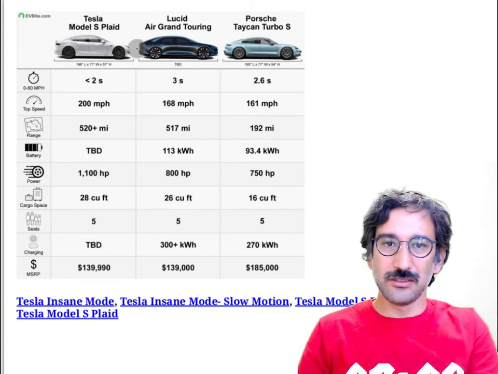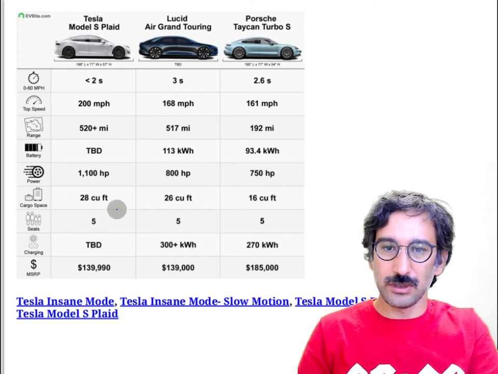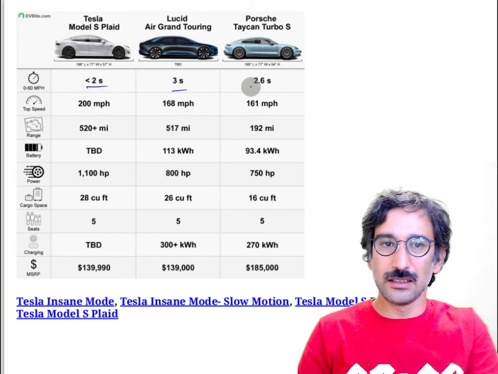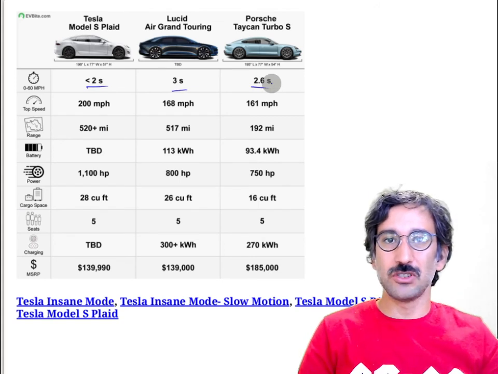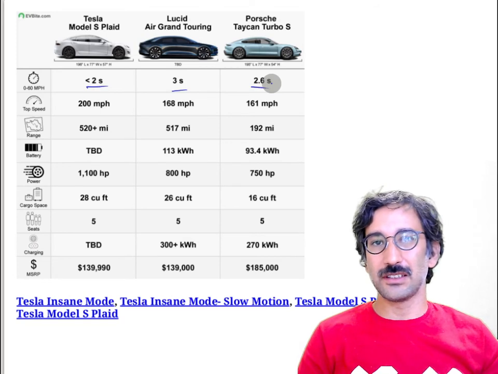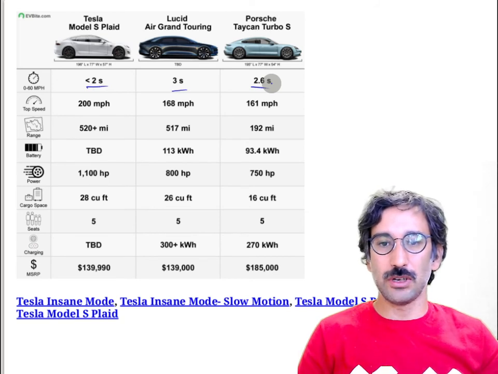Okay, so you can see Porsche and Tesla Model S and Lucid Air Grand Touring, whatever. So they all have really good accelerations, which you can only get with supercars or racing cars. Accelerating from 0 to 100 kilometers per hour in less than 2 seconds is quite impressive.